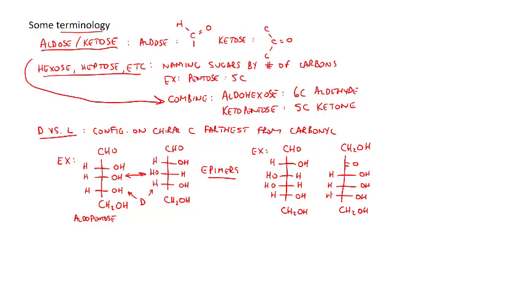By the organic chemistry definition, these would be diastereomers, but the truth is this one is an aldose, and this one is a ketose. And by the rules of carbohydrate chemistry, they only count as epimers or diastereomers if they're the same type of sugar. So these are completely different carbohydrate molecules. However, you'll note that they have exactly the same empirical formula. Both of these would be C6H12O6. So obviously, it's very difficult to tell what type of sugar you have just based on its chemical formula. You have to look at the structure in the Fischer projection form.